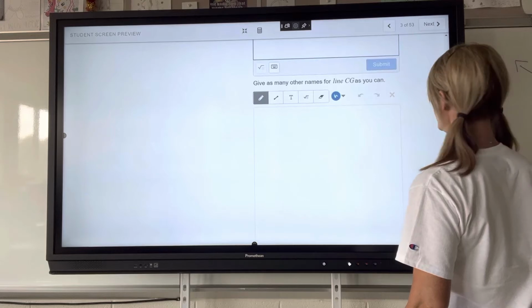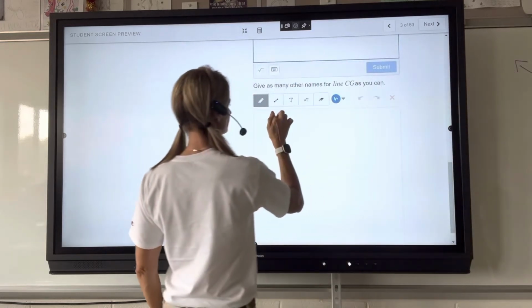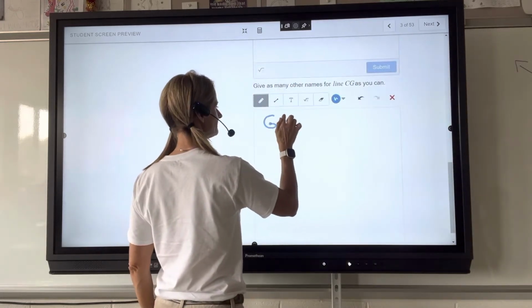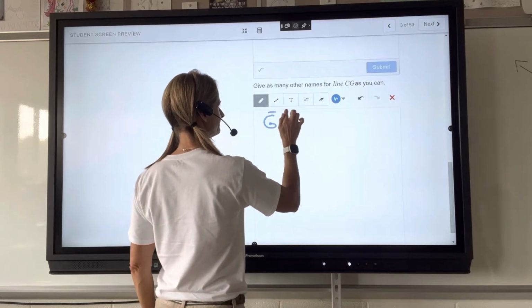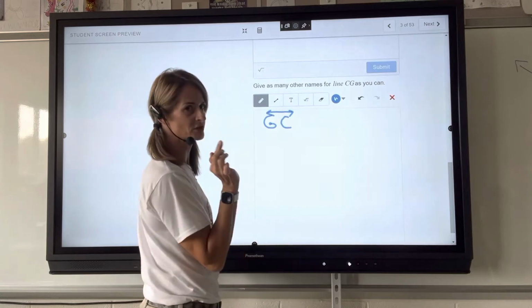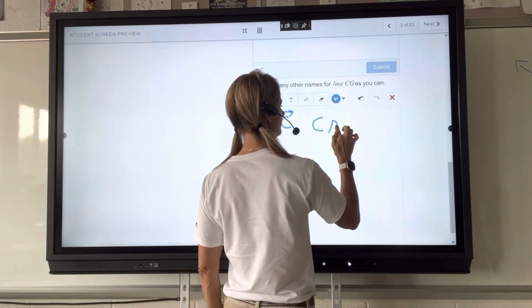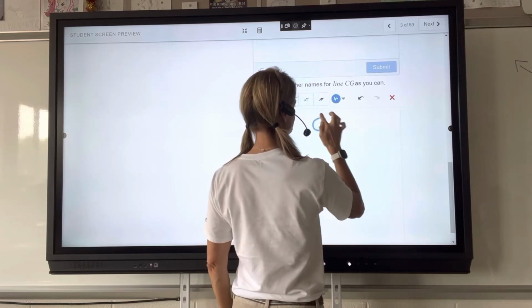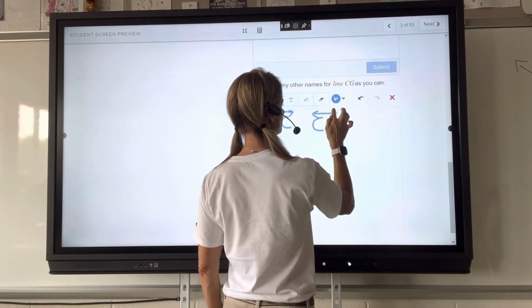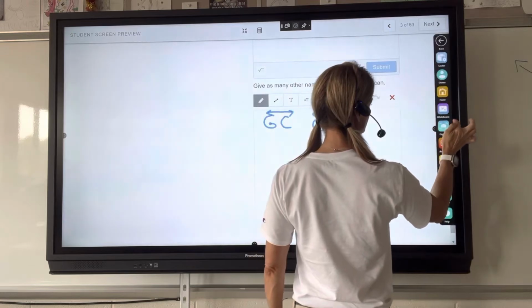Now I have to remember what I just said. GC, and it asks for lines, so we have to make sure we put the correct notation. CA, right? CA. This is so much slower than my annotation. I'm going to use the annotation.